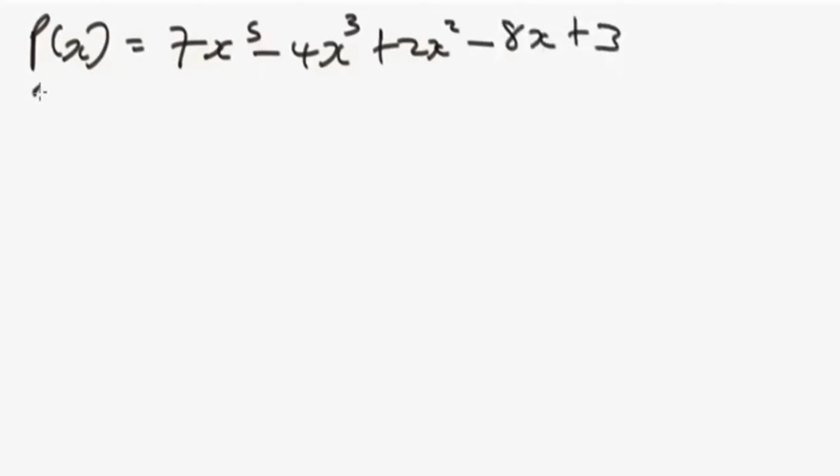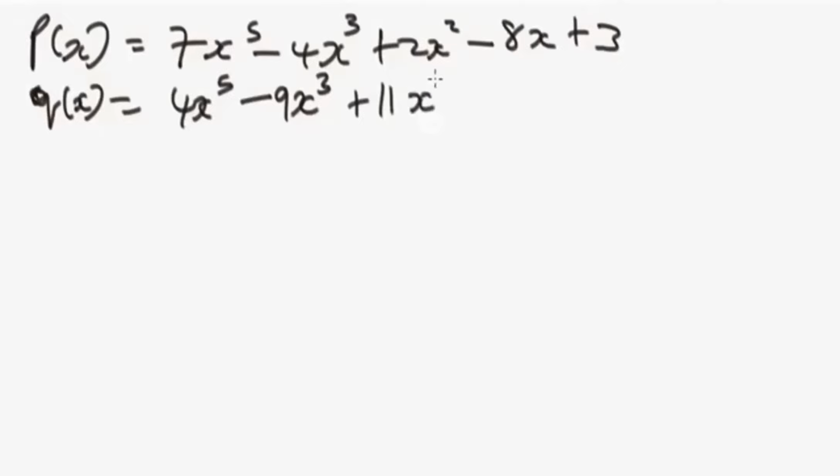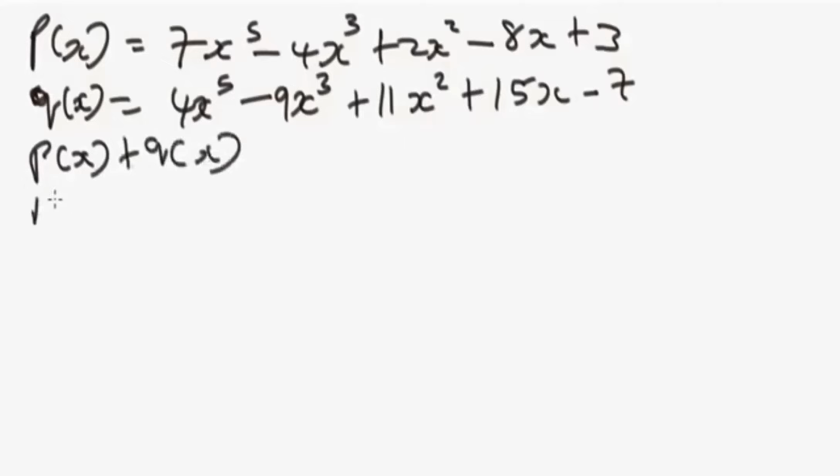And we are given q of x to be 4x to the power 5 minus 9x cubed plus 11x square plus 15x minus 7. So we are asked to find p of x plus q of x and p of x minus q of x. So let's begin with addition.